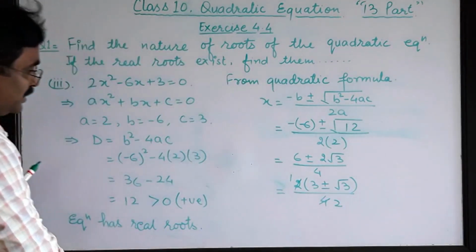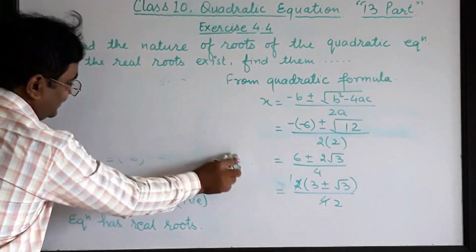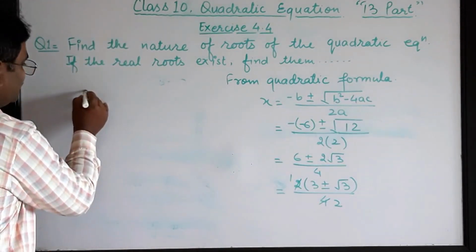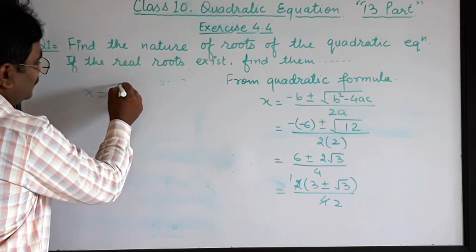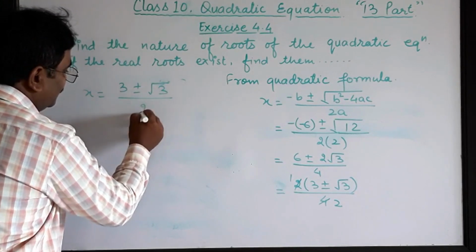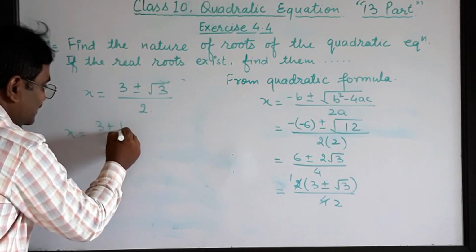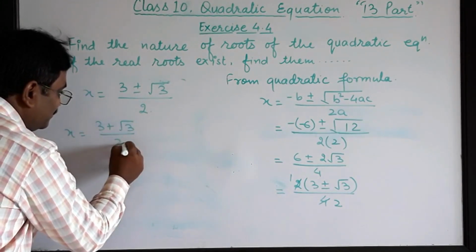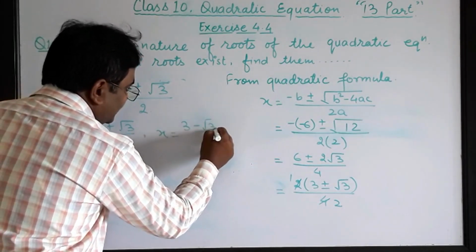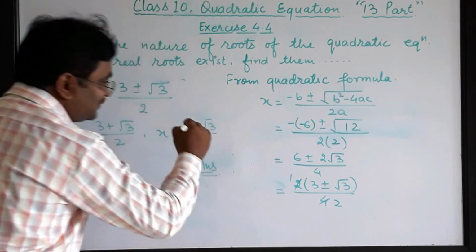So you got the two roots as the value of x came, x equals to 3 plus minus under root 3 divided by 2. So the first root x is equal to 3 plus under root 3 divided by 2, and the second value of x is equal to 3 minus under root 3 divided by 2, which is your answer, children.